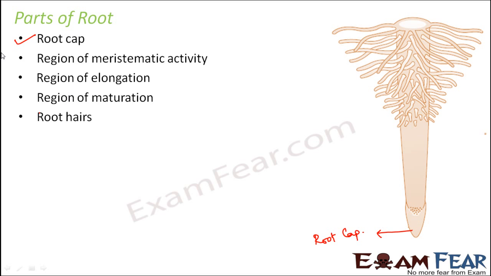Next is the region of meristematic activity. Where is it? Just slightly above the root cap. Do you see this region where a number of cells are dividing and growing? This region of active cell division is nothing but the region of meristematic activity.